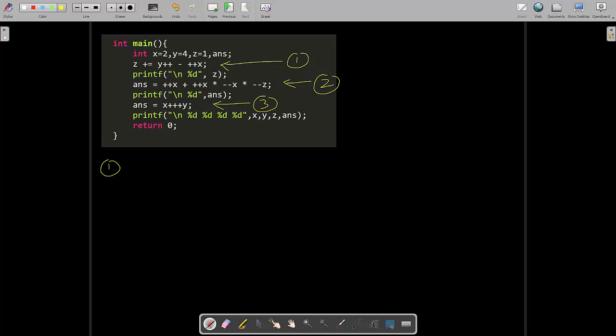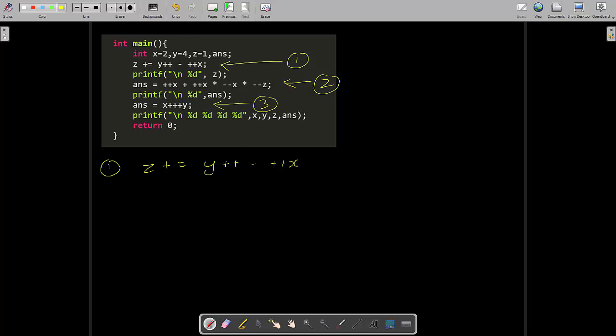The first one is z plus equal to y++ minus ++x. Now let us substitute the values of the variables. The plus equal to operation is going to be done at the end, so we will keep it pending for the time being.